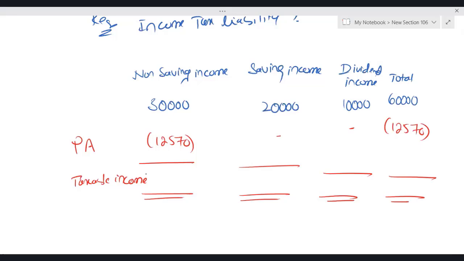$30,000 minus 12,570 is 17,430. Plus 20,000 is 47,430.